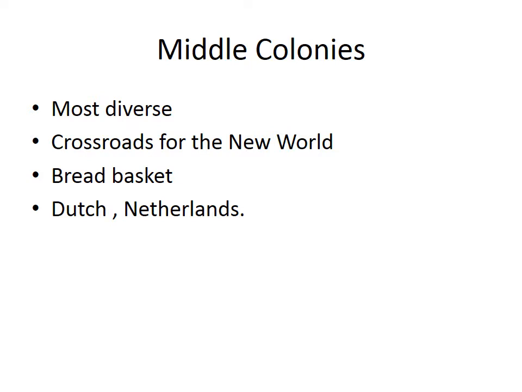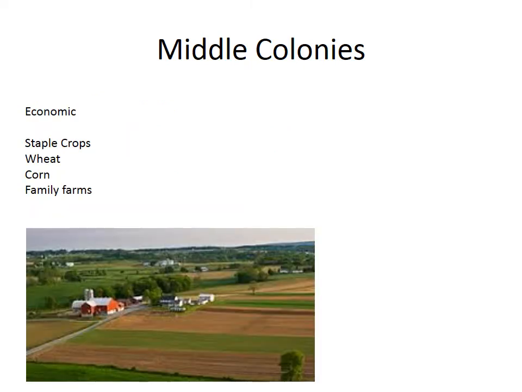And of course, as we've expanded, a lot of that's moved out to the west or in the Midwest. But before all of that was colonized, the middle colonies produced most of your agricultural products. They were large farms. And they produced agricultural crops, or what we call staple crops: wheat, corn, things of that nature.